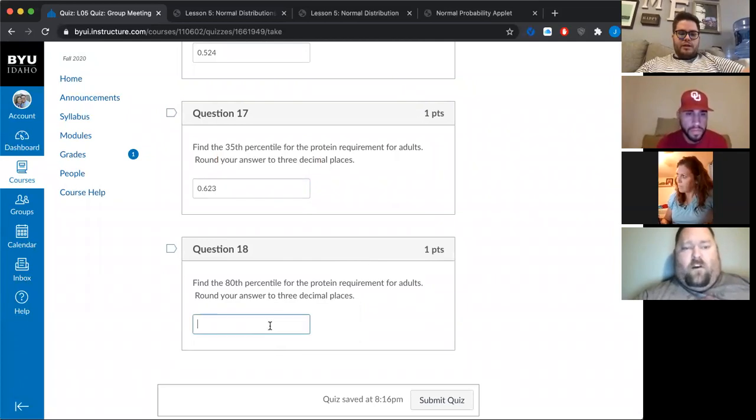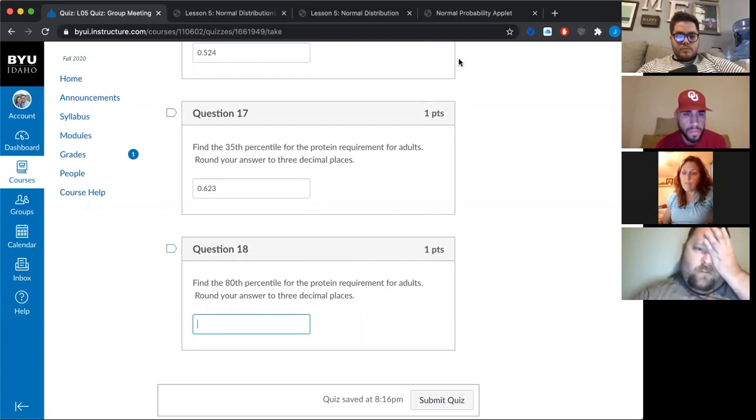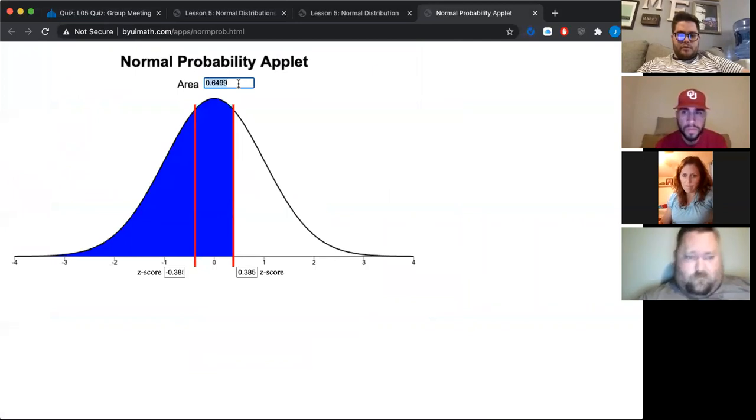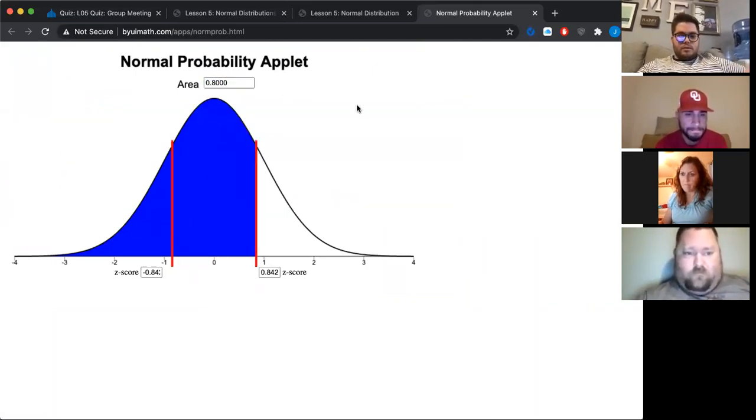And then one last one, for the 80th. And you're rounding it up because it says round your answers to three decimal places. So is that rounded? Yeah. That's my rounded answer, because it was 0.62305. So that's rounded to 3. Yeah. And then now we'll select both of those and do 0.8 in the applet to give us a z-score of 0.842.